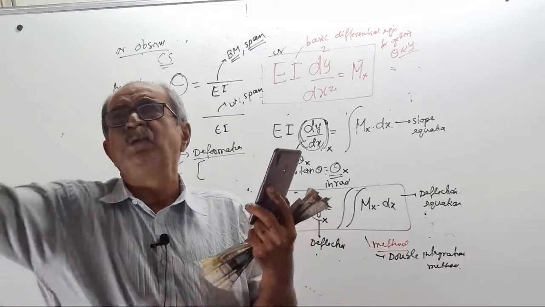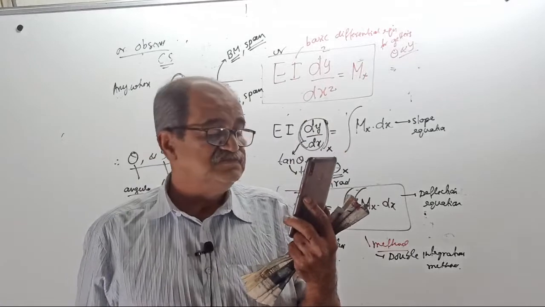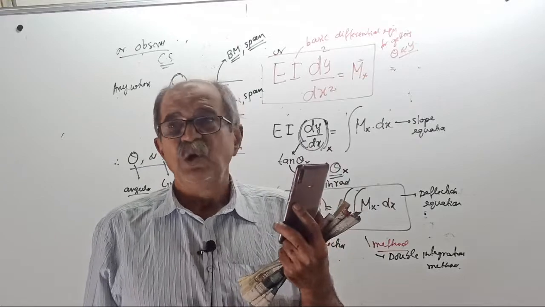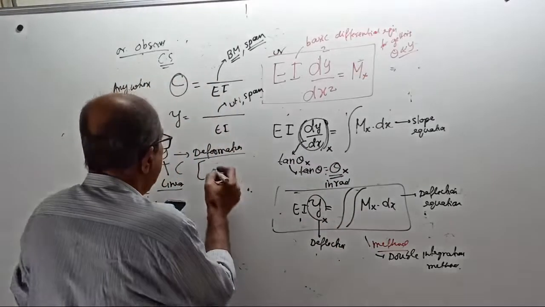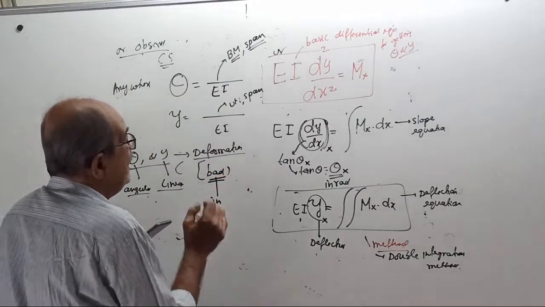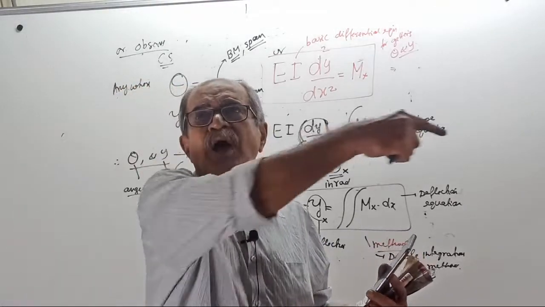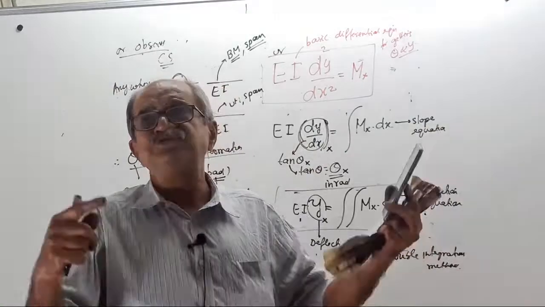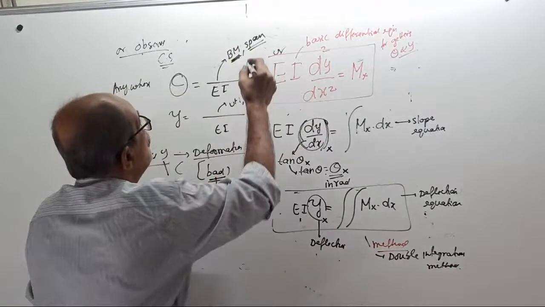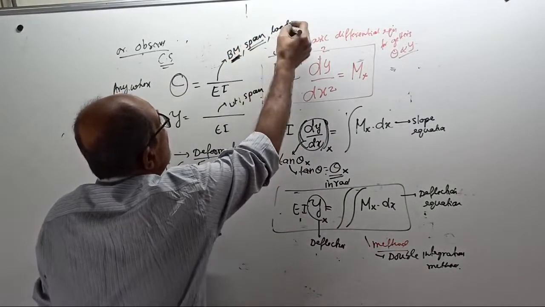Slope and beam rotating too much or deflecting too much: good or bad? Bad. And the bad terms are where? As you have more span and apply more loading, surely the bending moment will increase. Bending moment has span and loading both.